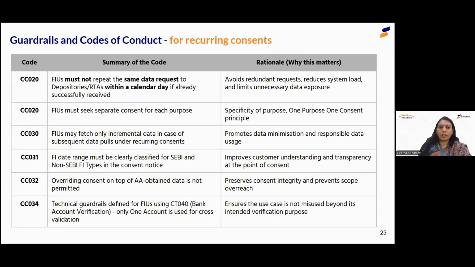Now, some of the guardrails that you need to be mindful of: seek only incremental data from the previous pull. Please don't unnecessarily pull data which you've already received. Ensure it's incremental because it's a recurring consent, right? If you pulled for the last 1 month and this month you want to pull the data again, pull for the dates after that.